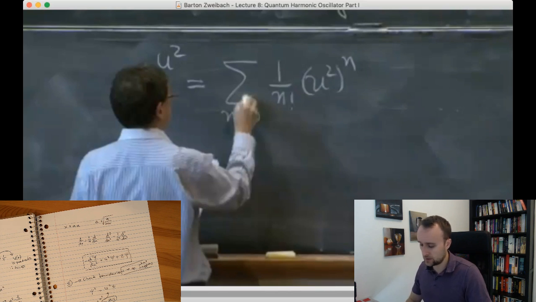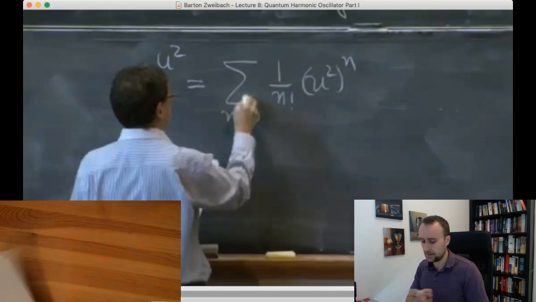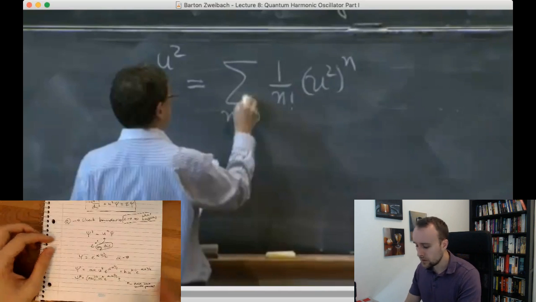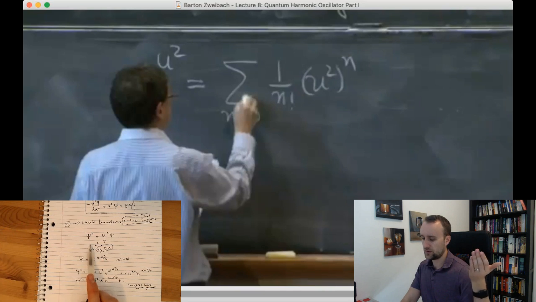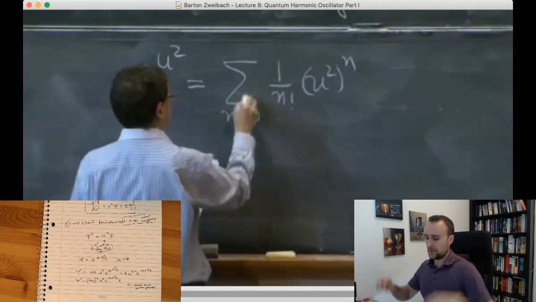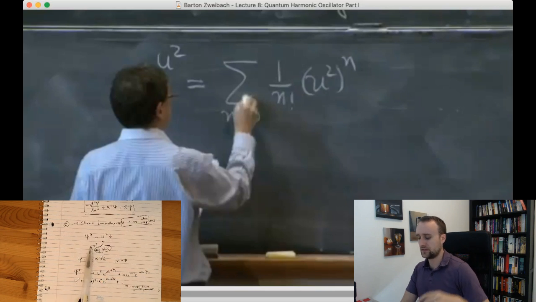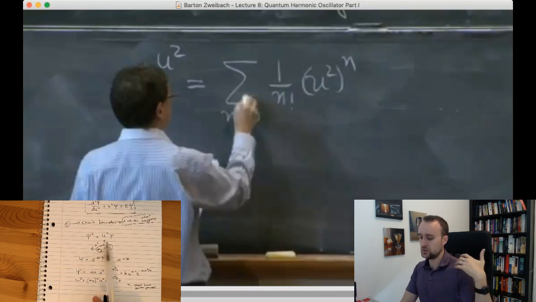What kind of behavior are we looking at? We're noticing that far out, the second derivative of psi is roughly equal to u squared psi.